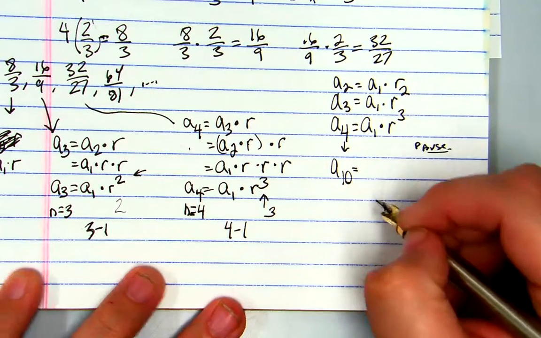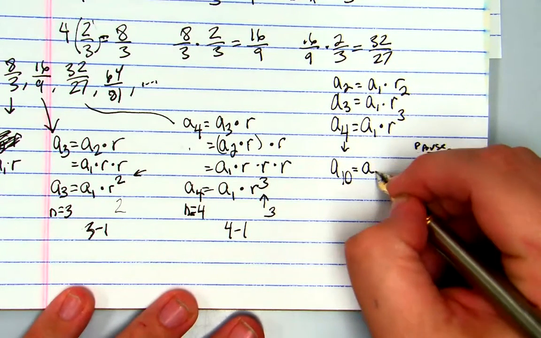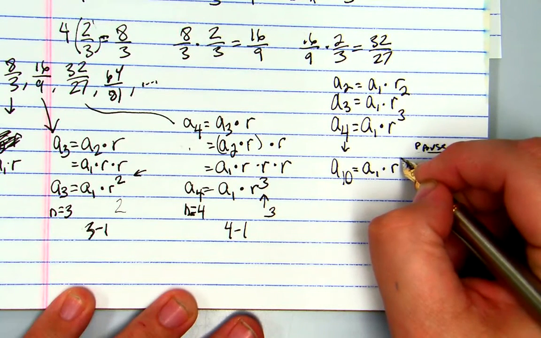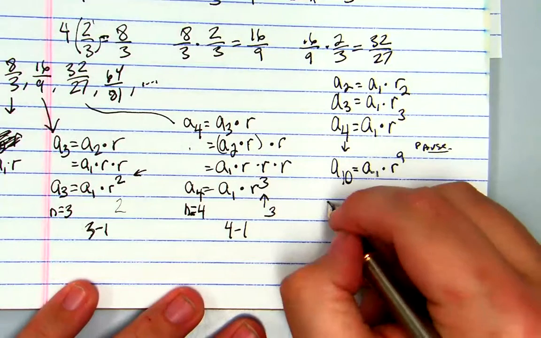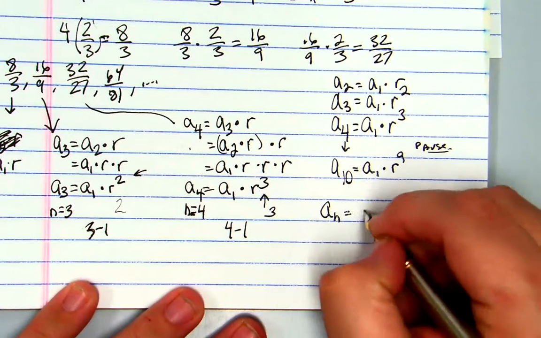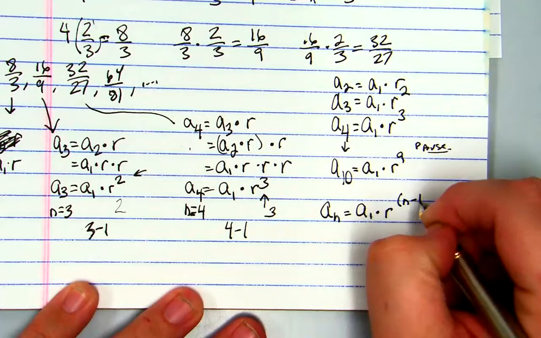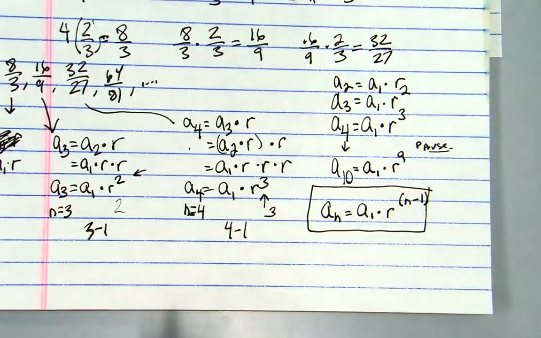Pause it, try to think of it. It ends up being a sub 1 times r to the 9th. So a sub n is equal to a sub 1 times r to the n minus 1. And that's the lovely formula that we're going to use for this.